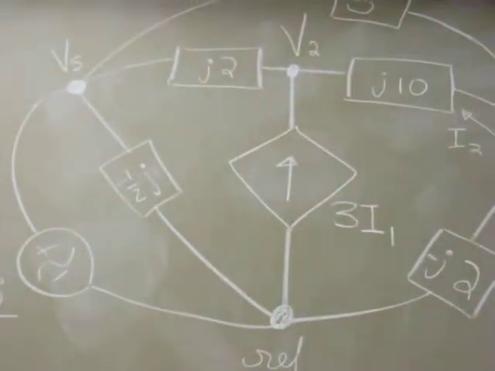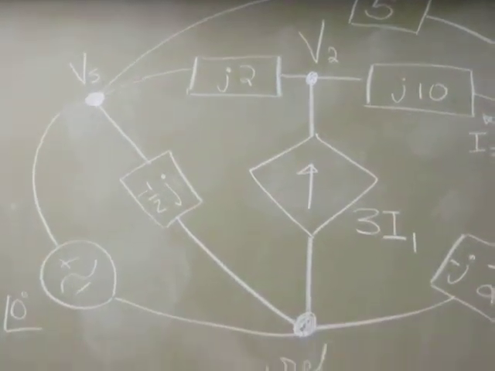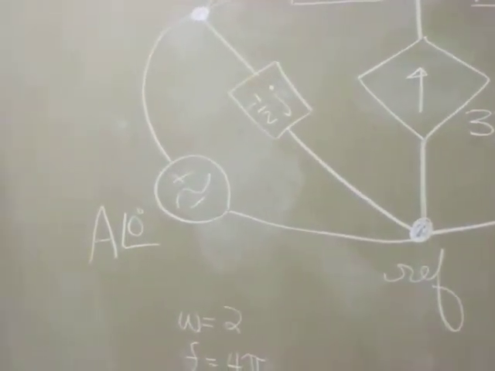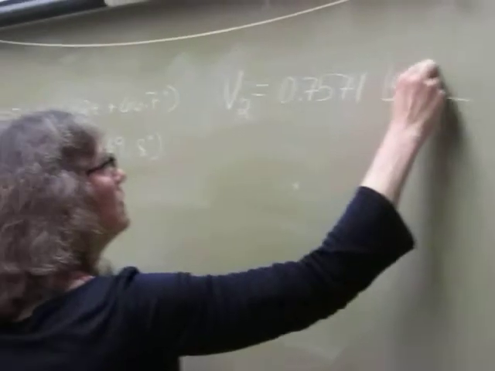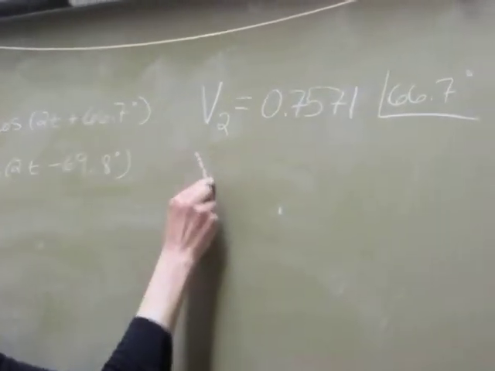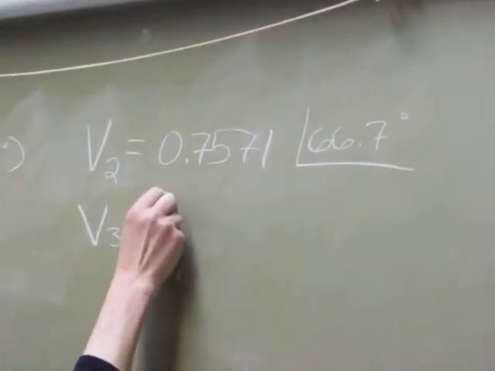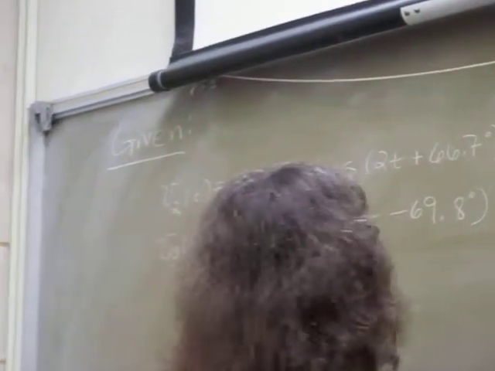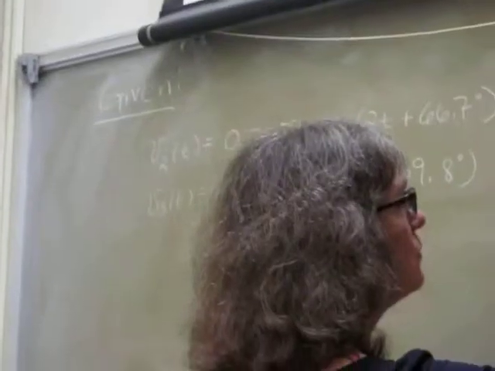We were given this. So the phasor V2 is really just this magnitude times the phase angle. And then V3 is this magnitude, and its phase angle is minus 69.8.